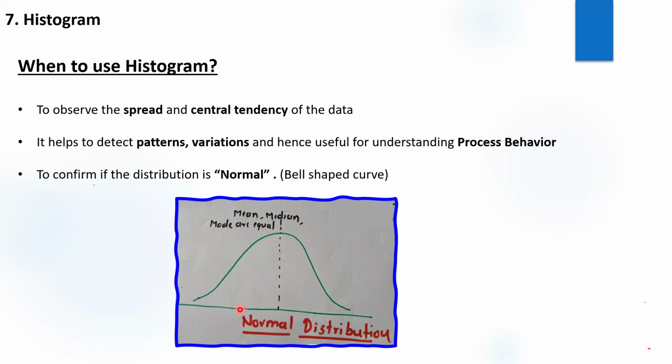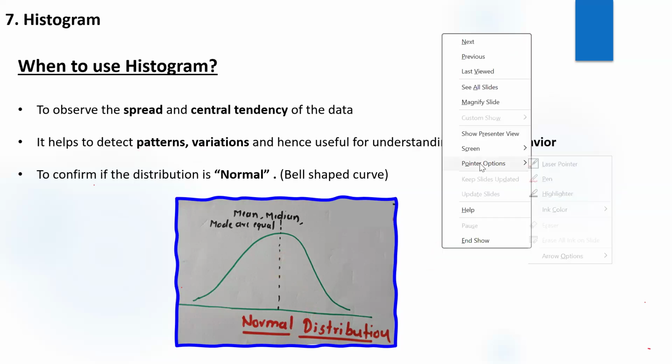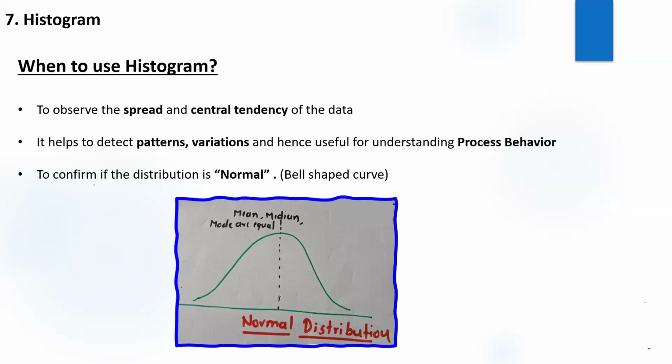When the process is narrow, the shape is narrow like this, meaning points are near to the mean. This is the spread, meaning points are away from the mean. So the process drawn in red is always good because most of the values are near to the mean. If there are two histograms, you can easily say that this histogram is good compared to this. It is a visual representation.